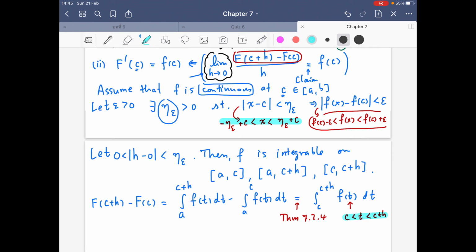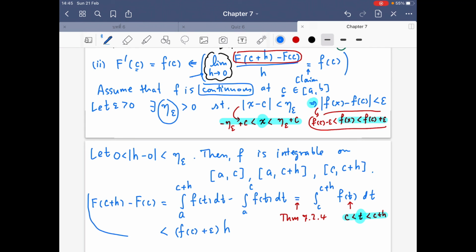So this t can be regarded as one of the x that has this condition. So immediately, if your t has that condition, the implication implies that your small f will be less than f(c) plus epsilon. So this integral is less than f(c) plus epsilon multiplied by h.